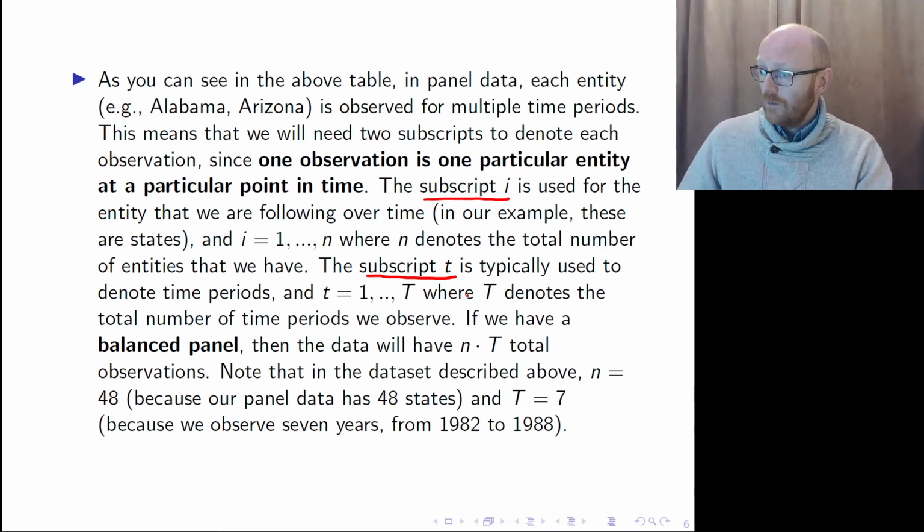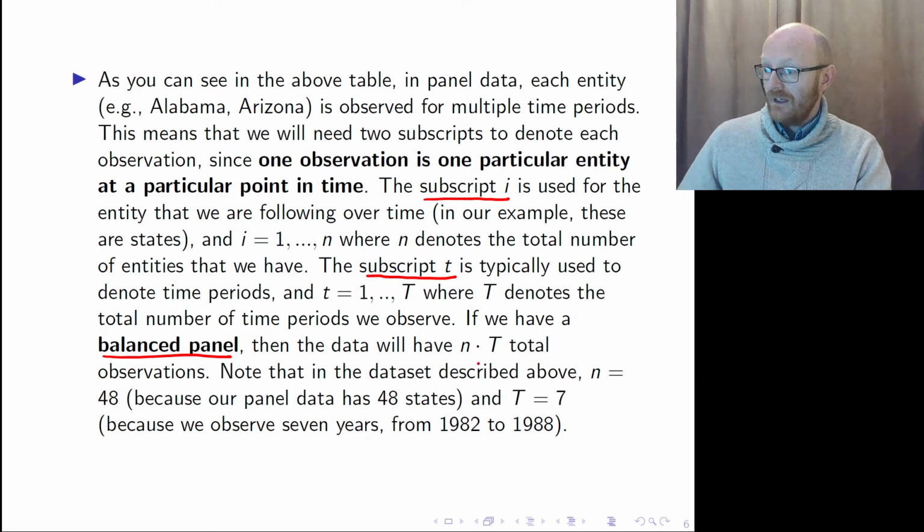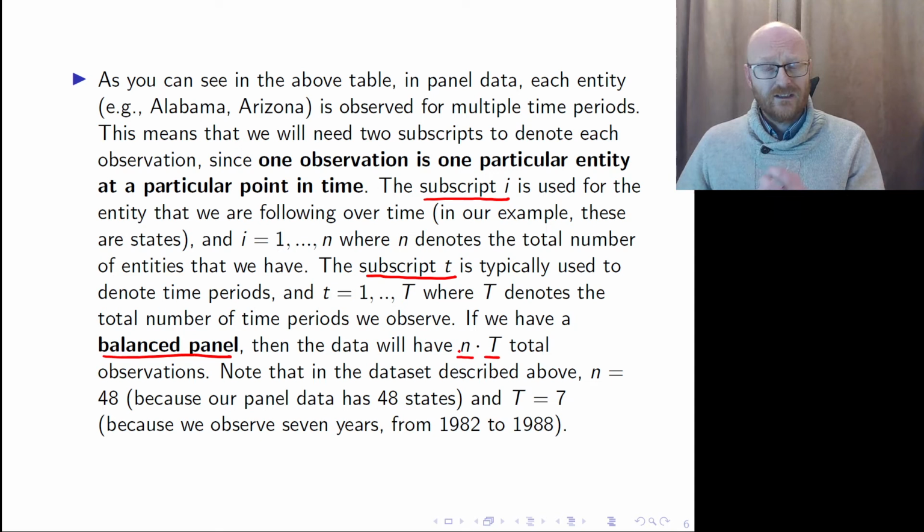And quite important, if we have a balanced panel, then we know that we have data for all combinations of entity and time in our data. We have no missing data. And if we have a balanced panel, then we have a total of n times T, the number of entities times the number of time periods, observations on y and x.